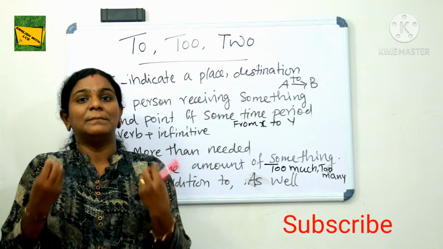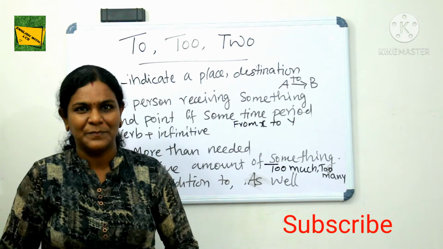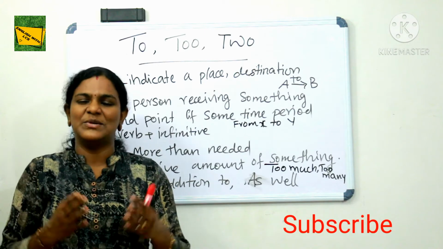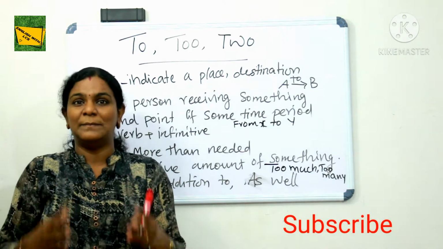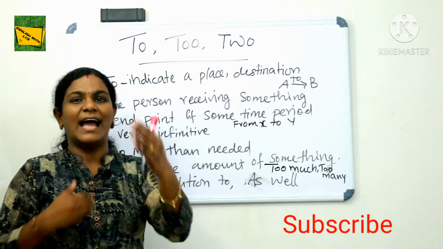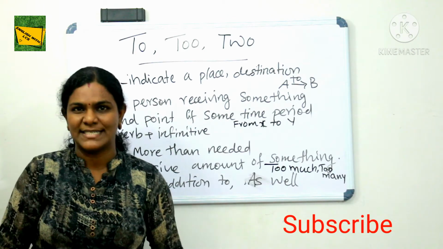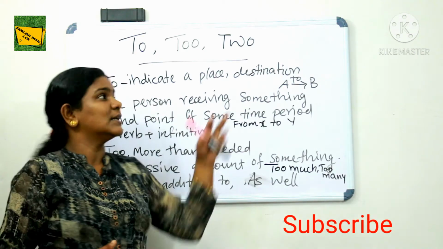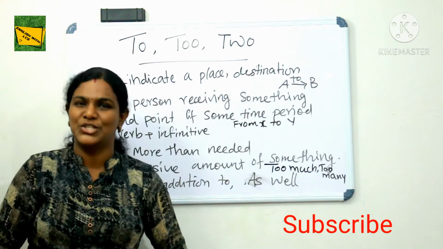So here we are planning, or we have a destination to go and we have to go there. In this context, you have to use the preposition to. So I have a plan to go to Dubai. To go to Dubai means I am planning to go somewhere from a point. So in order to indicate a place or a destination, you have to use the preposition to.